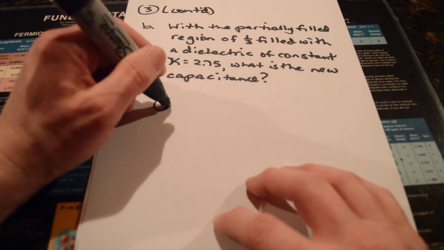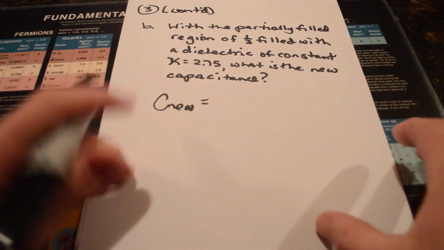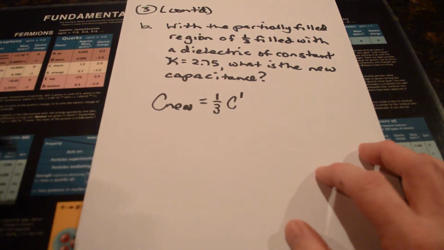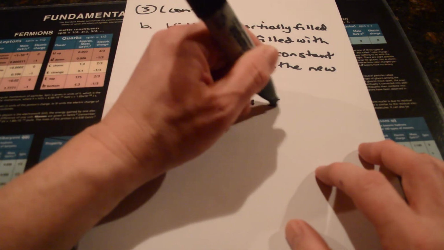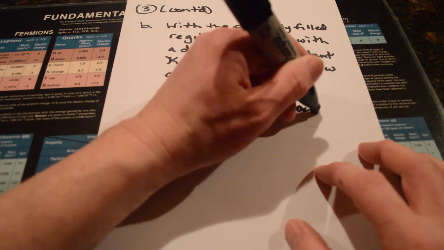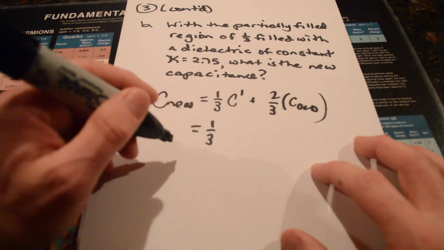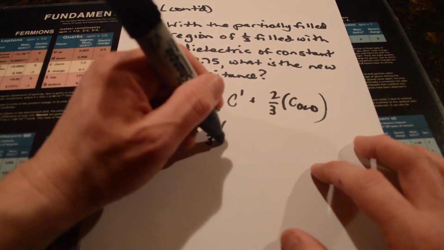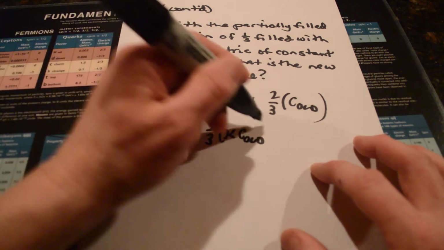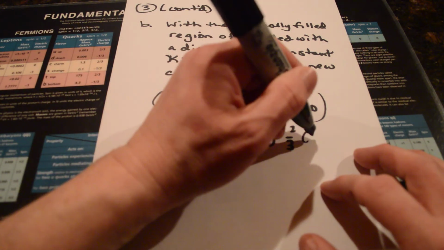The new capacitance should have 1/3 of some new value plus 2/3 of whatever the old capacitance would be. So I'm going to take 1/3 of kappa times the old capacitance, plus just 2/3 of what it was before.